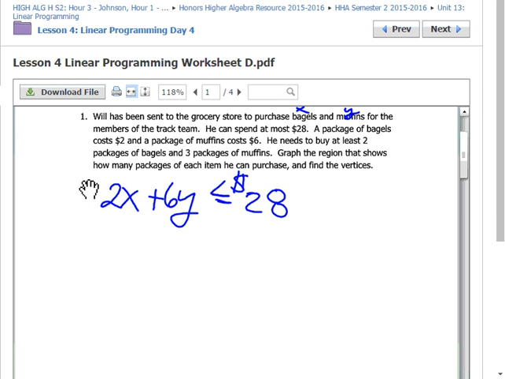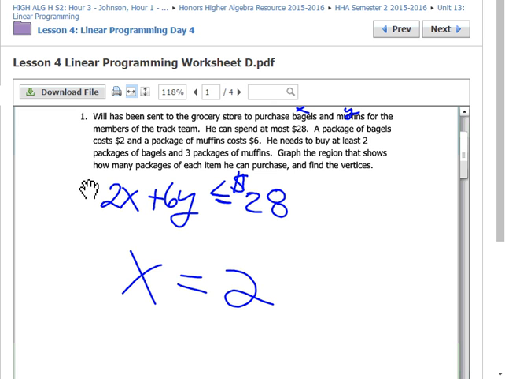A package of bagels costs $2 and a package of muffins costs $6. Okay, cool. He needs to buy at least 2 packages of bagels. 2x? Is that what I'm supposed to do? No. I have to have an equation in there. Is it just x equals 2?